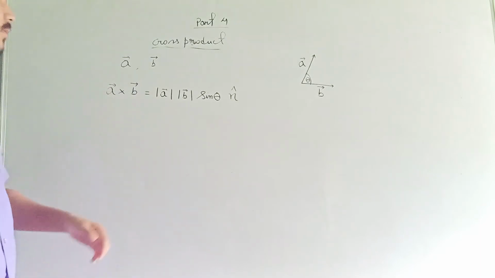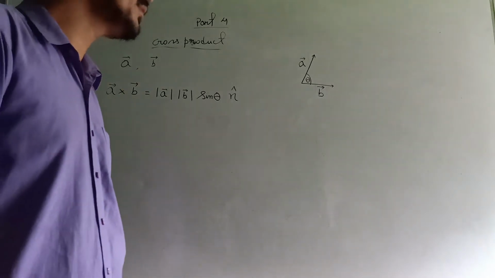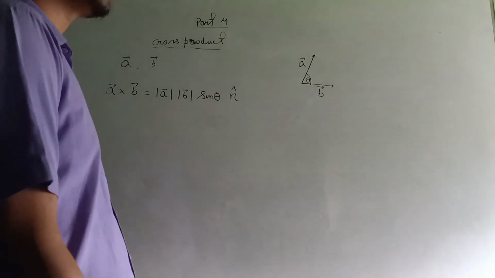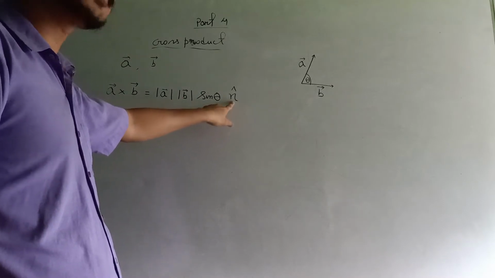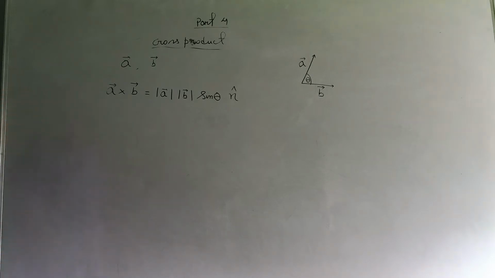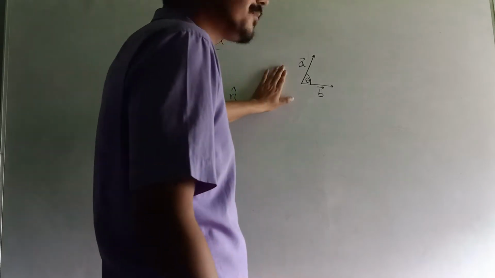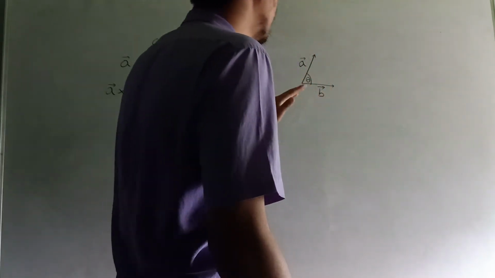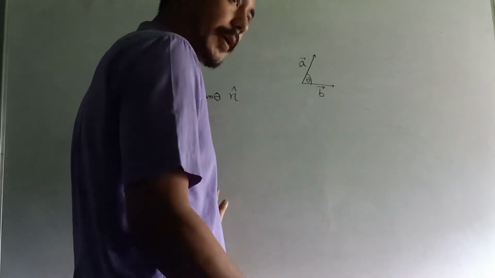Now, if A cross B is a vector quantity, then it must have a direction, where the direction is represented by n cap. Now, let us check what is the direction of this A cross B. Let's consider this figure. This is your vector B. This is your vector A. Both of them are in different directions.